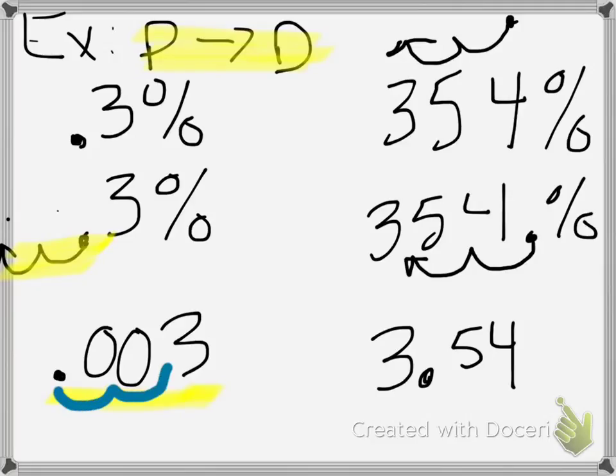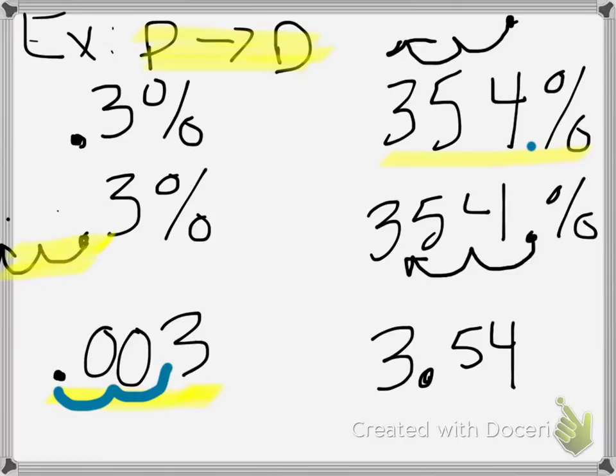Now when we've got 354%, first off we need to say, where does my decimal start? If you look down on the example, it starts right there at the end. If you do not see a decimal, know that it starts on the right side, behind the very last number.